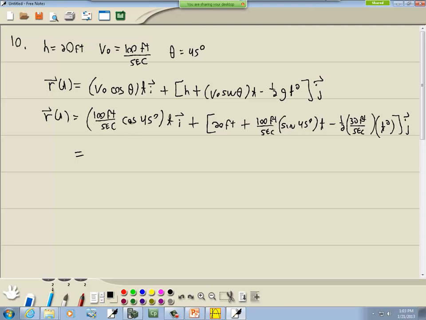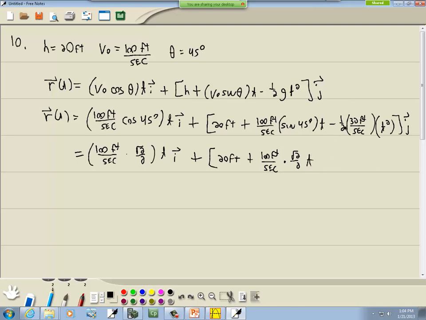Okay, let's see here. Now, the cosine of 45 degrees is square root of 2 over 2. So this is 100 feet per second times square root of 2 over 2 t i plus 20 feet plus 100 feet per second, and that's square root of 2 over 2, t.